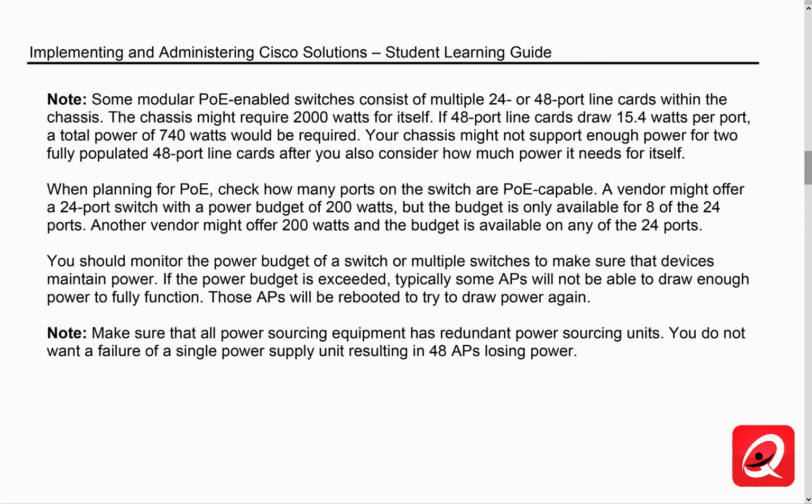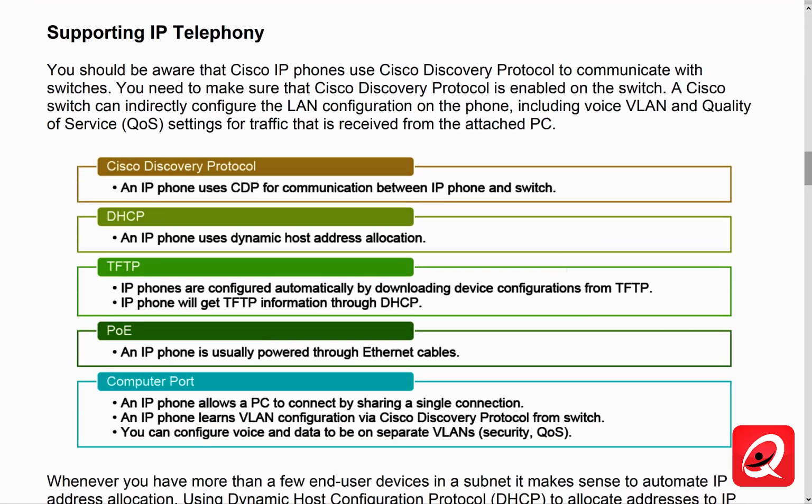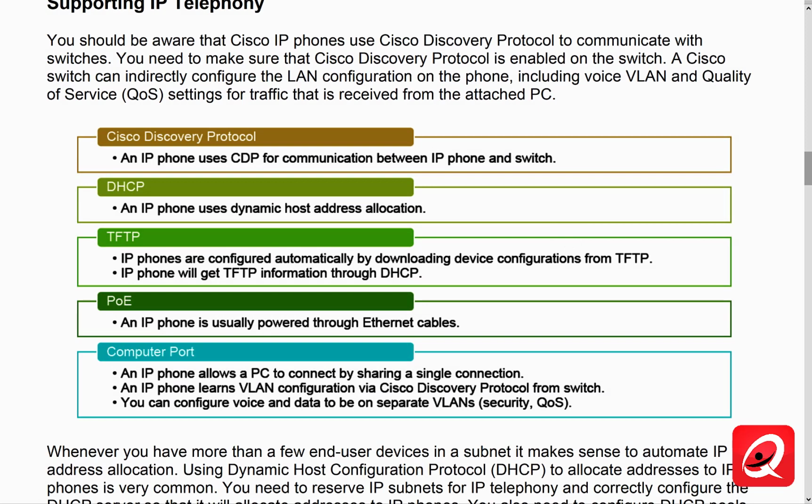To support power on IP phones, particularly Cisco IP phones, utilize negotiation techniques to identify how much power the phone is going to require. Initially, it will get a basic level of power that will allow the phone to function initially, and then it might negotiate additional power for some of the enhanced features that the phone might have to run. We use CDP to process that.